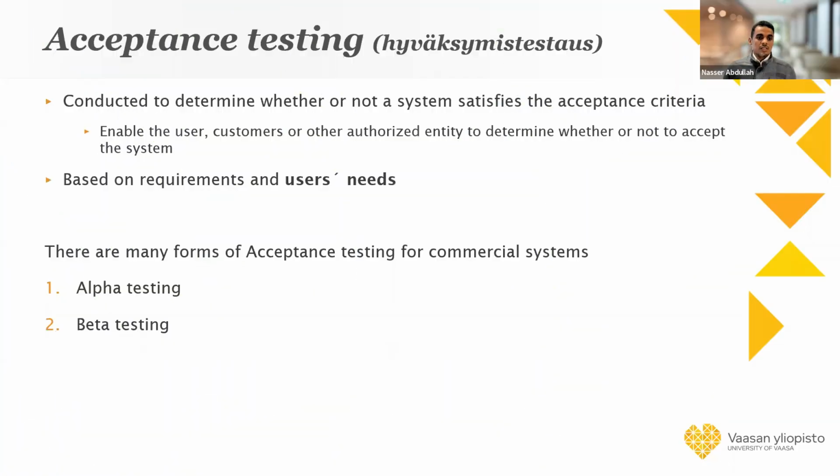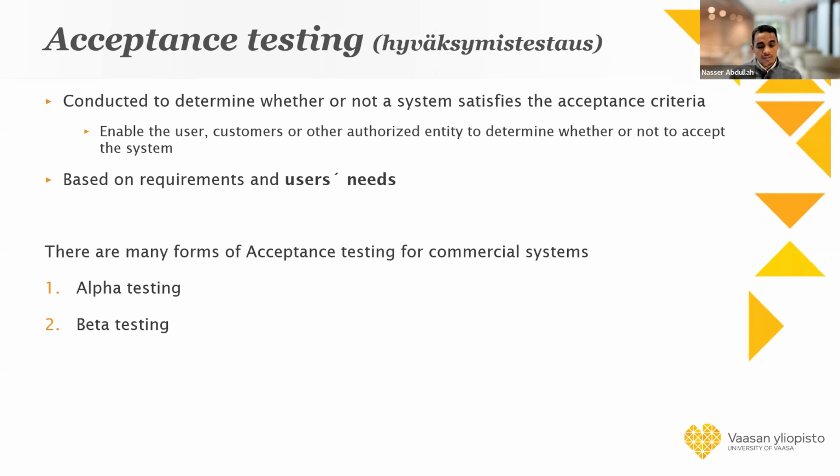So let's go to the next, which is acceptance testing. Acceptance testing, we can say, is testing the whole system, and it is focusing on the end user. It is just testing all the functionalities by any user.